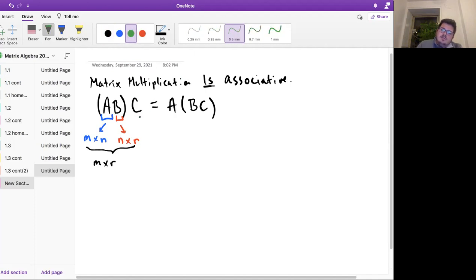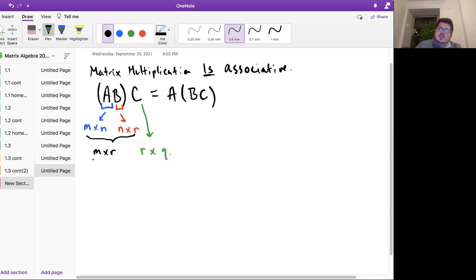Now if I want to multiply another matrix by the result, what must the dimension of C be? R by something. Let's say Q. So now what is the dimension of the product here?